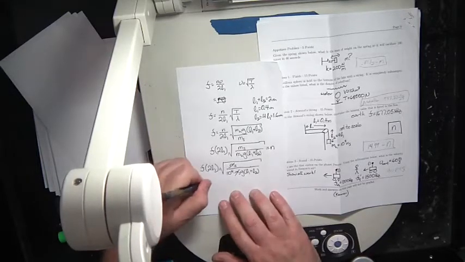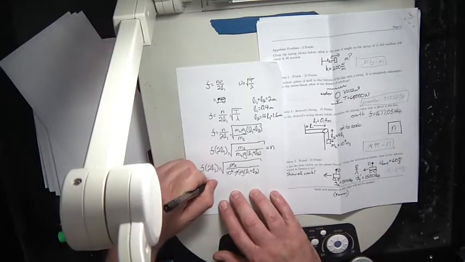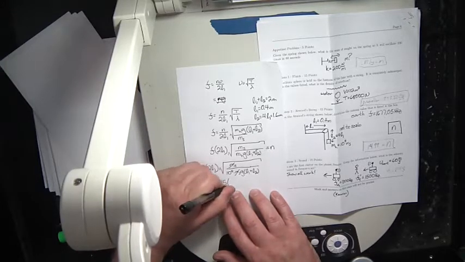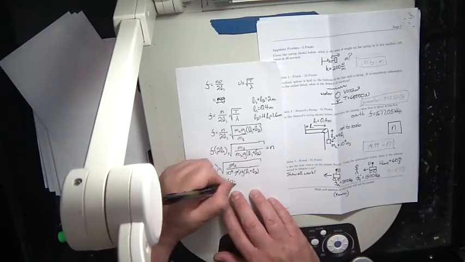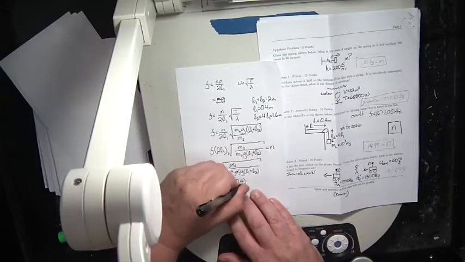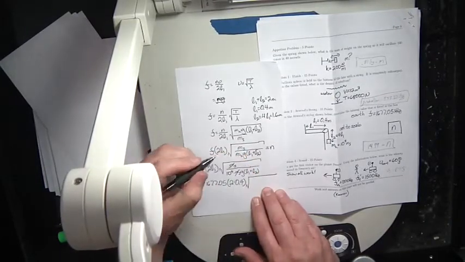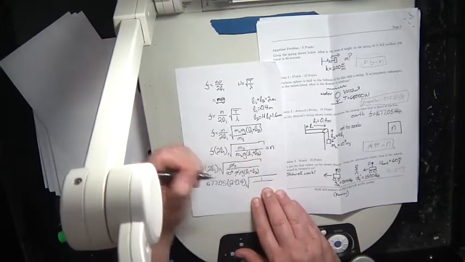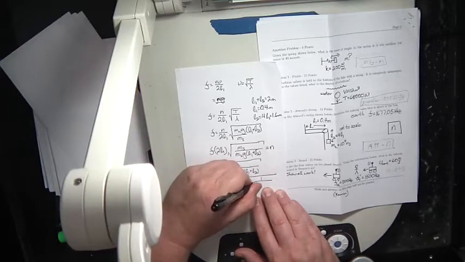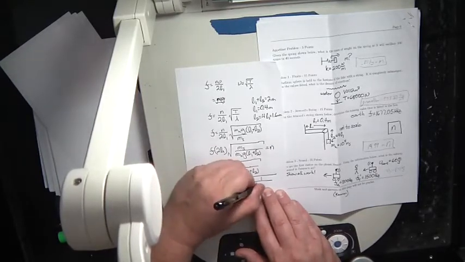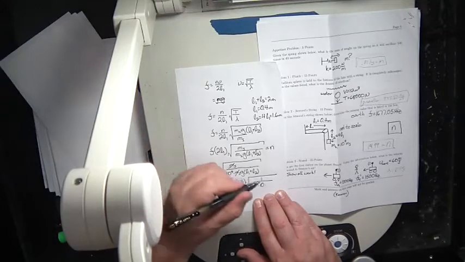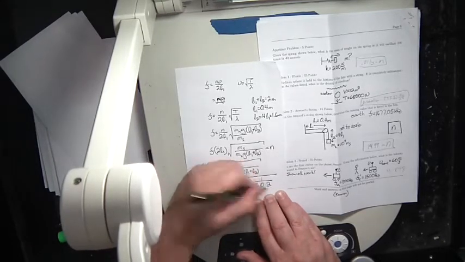So what I'm left with is 1677.05, 2 times 0.4, 1 over 10 to the fourth times 10 times 2.